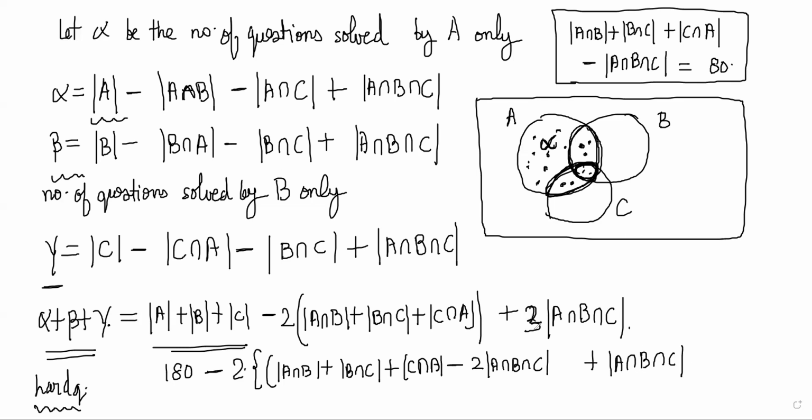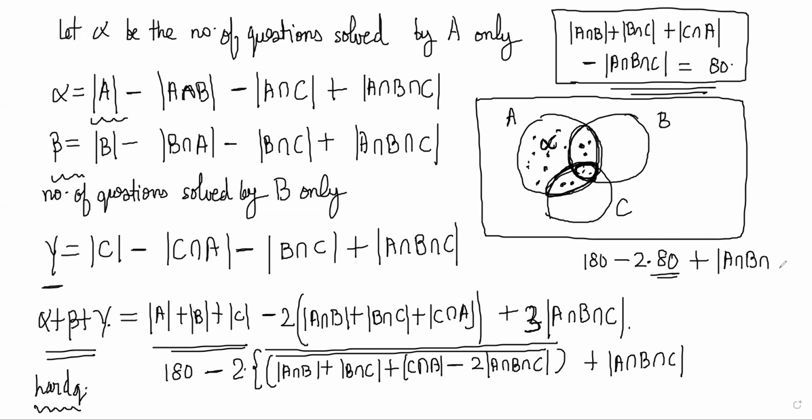Because here there was plus 3, I need only plus 2 here to make this, right? And now this is becoming basically 180 minus 2 times, this is 80 using this result. This whole bracket is 80 plus A intersection B intersection C, right? So we are getting 20 plus A intersection B intersection C is equal to alpha plus beta plus gamma.